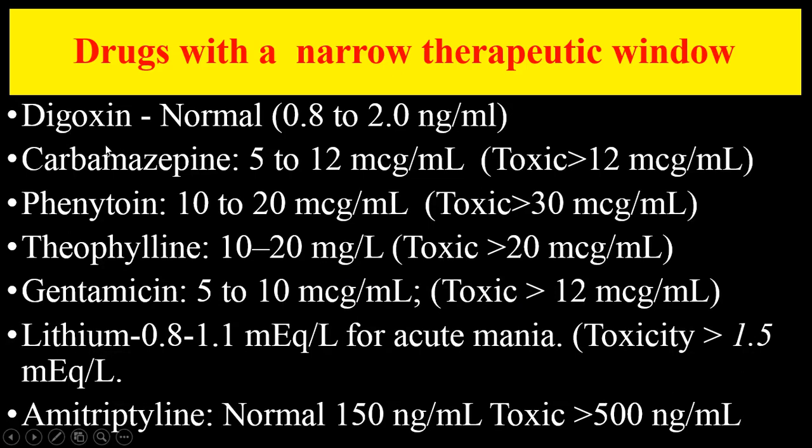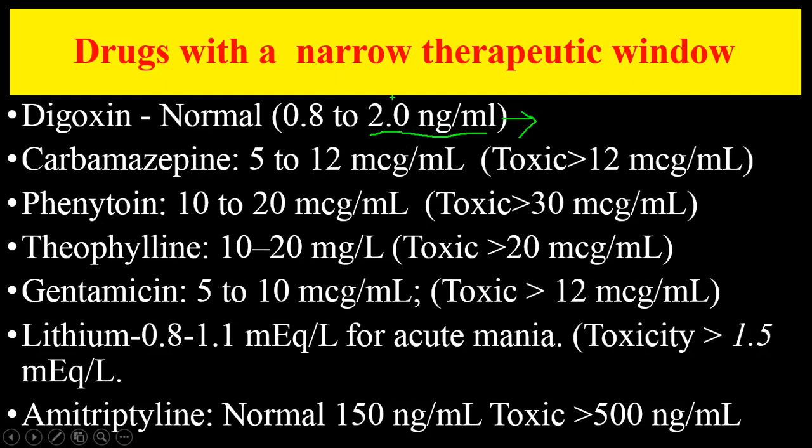Digoxin is an antiarrhythmic drug. If you keep the level between 0.8 to 2, then it is therapeutic. But if you go above 2, then it might be toxic. You see, a well-built person may be producing 2 nanogram per ml with one small tablet.